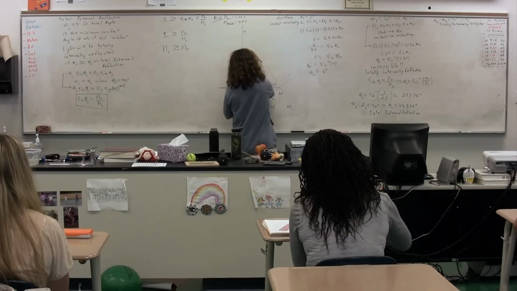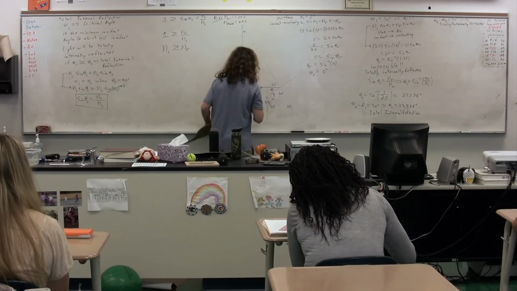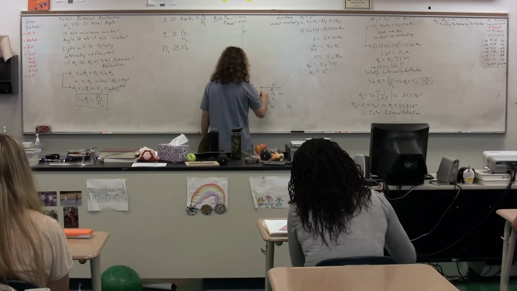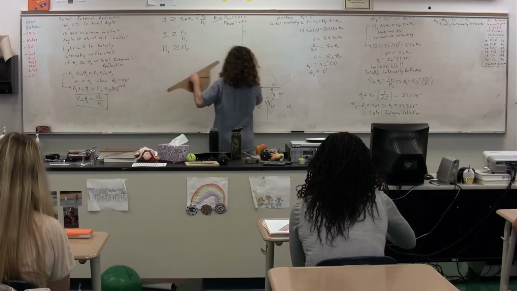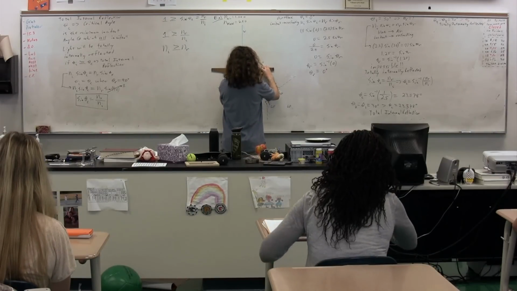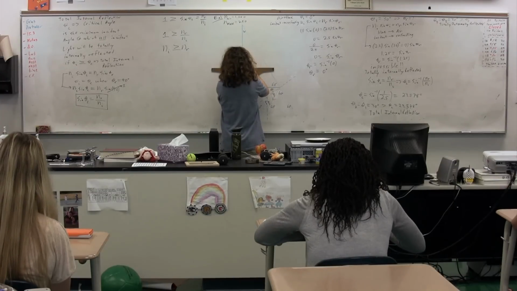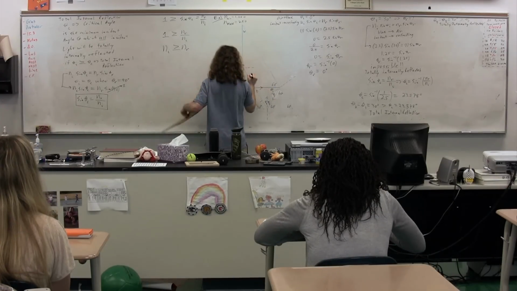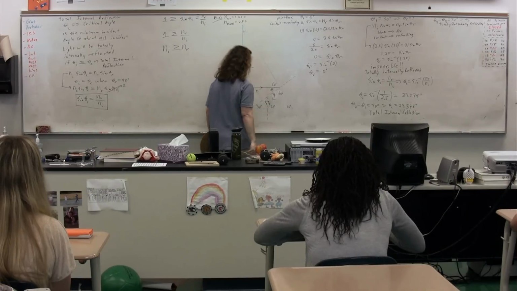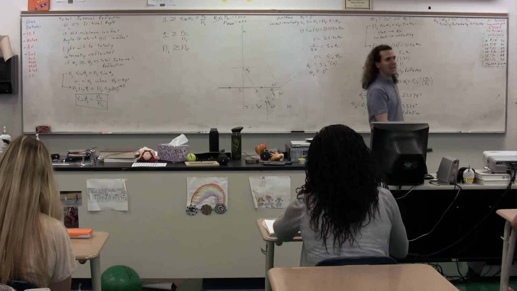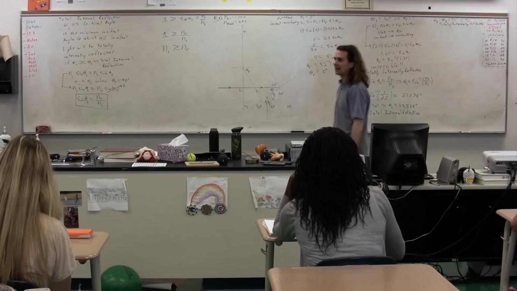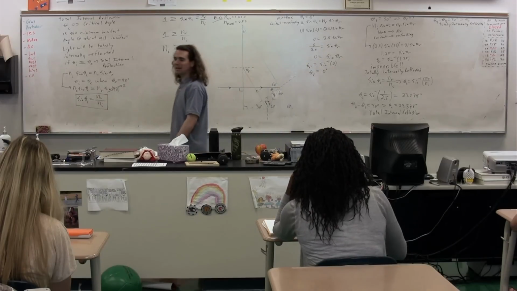So now we have that ray, and we need to figure out what theta 5 is. Theta 5 is going to be drawn relative to the normal again. What is angle theta 5? Benedict?